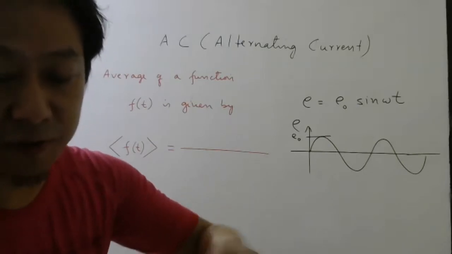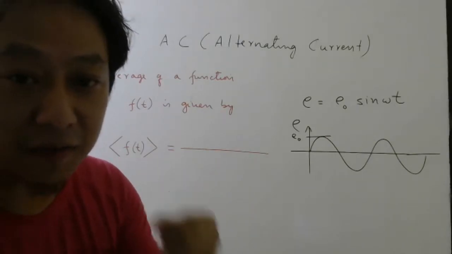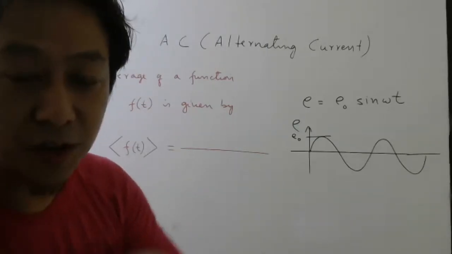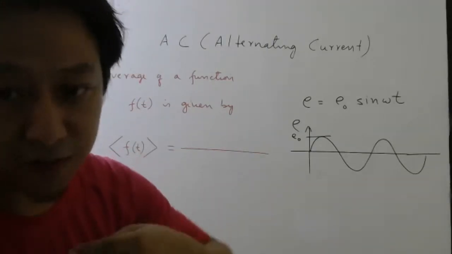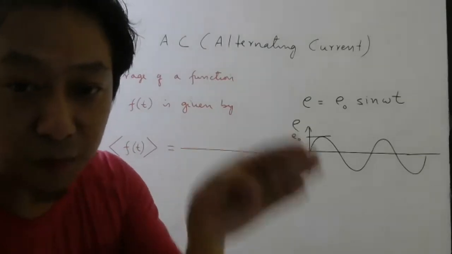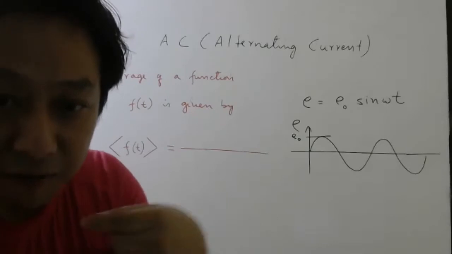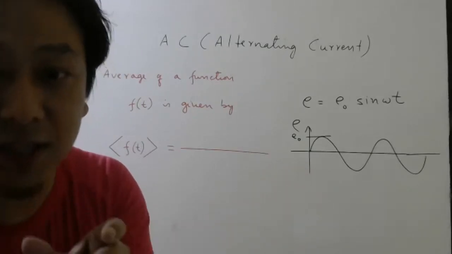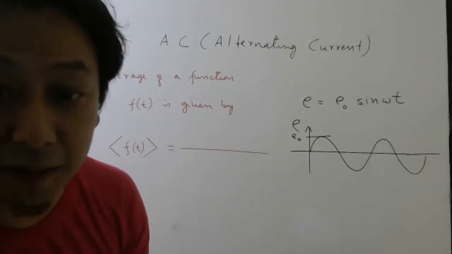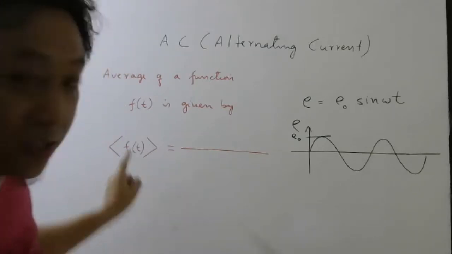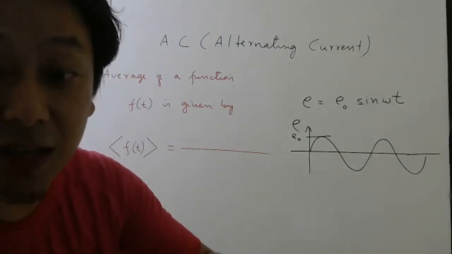For example, if I want to find the average marks of physics in our EduShrine, what should I do? Add all the marks of the students. So I should go from one student to another student, then another student. Find the marks, add all the marks, then divide by the number of students. Correct or not? Similarly, this function is also changing with time.